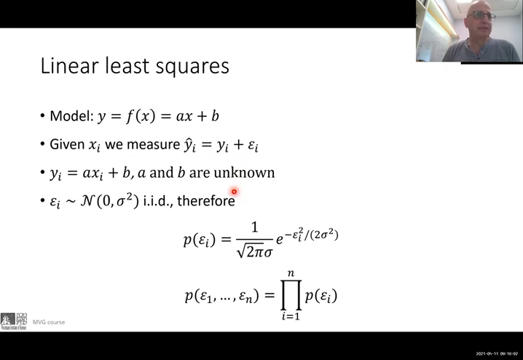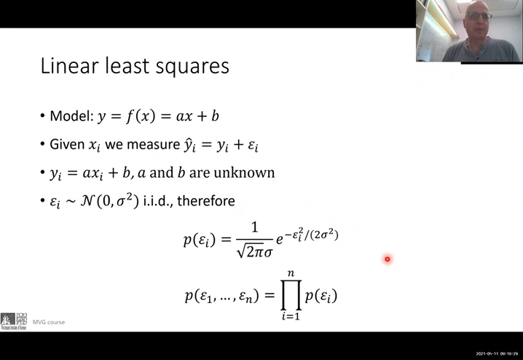The unknowns are a and b, the parameters of the line. The xi and yi hat are known. And epsilon i, we assume, is distributed as Gaussian with zero mean and sigma square.